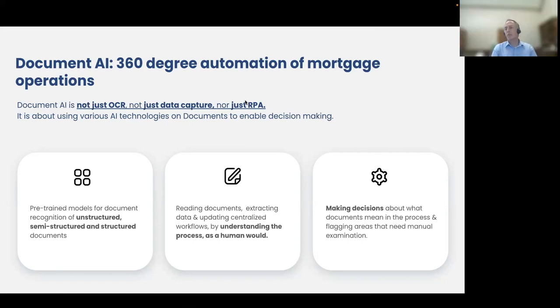Yeah, so under document AI, just as you noted, it isn't just about OCR, data capture, and RPA, although those are key technologies that can be highly leveraged if you're able to utilize them from a digitized document perspective, including the AI.